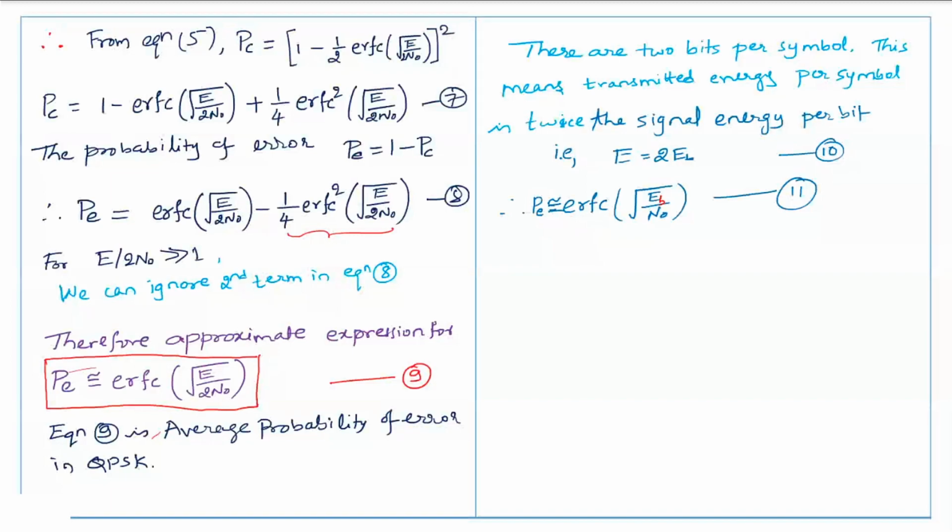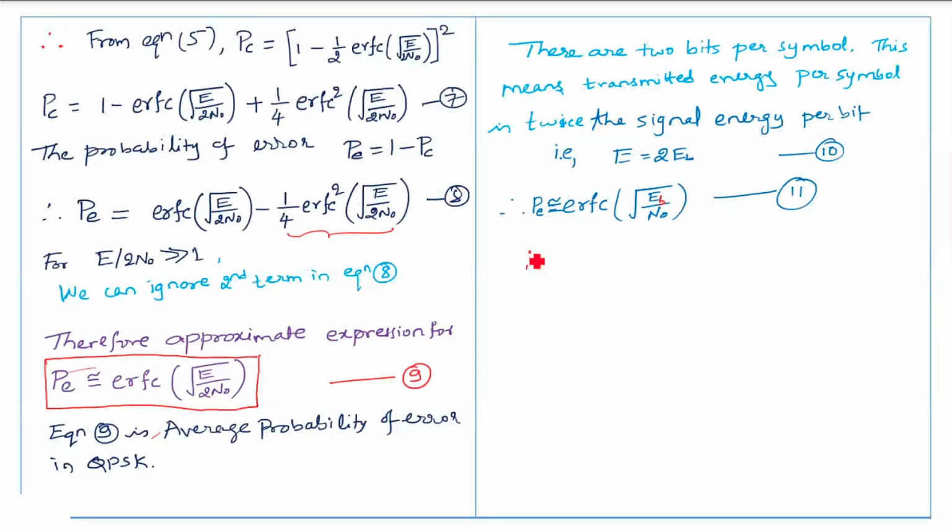Then what about the probability of error in QPSK now? Same, no? Probability of error in QPSK is ERFC of square root of EB by N naught, right? Now, what is the difference?